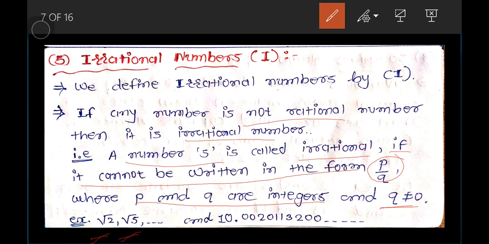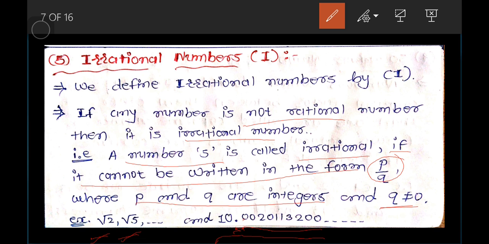Or you can also say that if a decimal number is given, and after the decimal point a number or group of numbers is not repeated, then the given number is an irrational number. As you can see, after the decimal point no number is repeated.